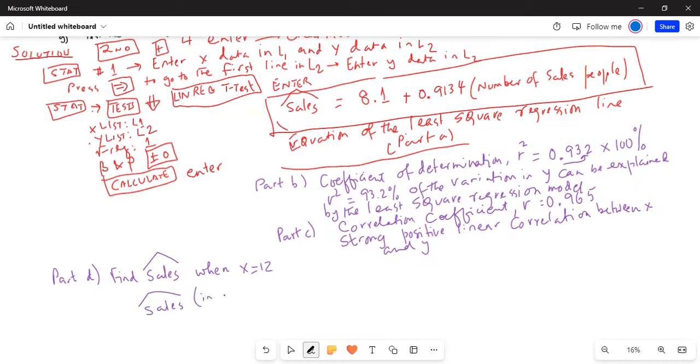So that will be predicted sales in thousands of dollars is equal to 8.1 plus 0.934 multiplied by 12. And we will do the calculation with the calculator. So it is 8.1 plus 0.934 multiplied by 12.